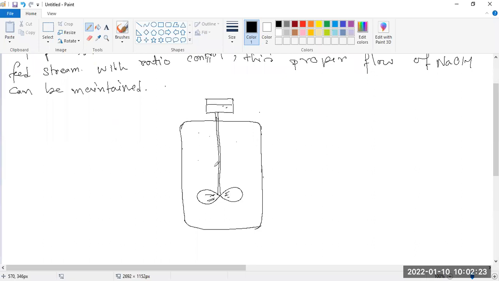Okay, this is the stirrer and here from this valve some acidic material is coming. This is acid.